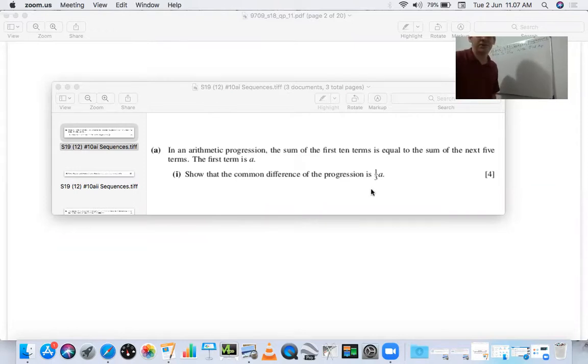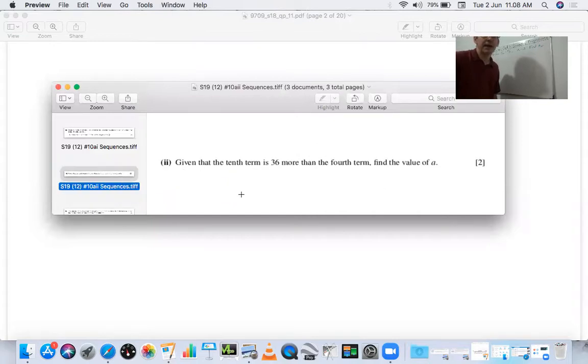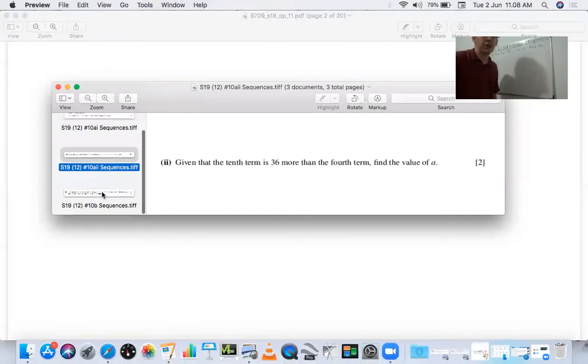We showed that the common difference was 1/3 A. Maybe you remember that problem. And then we did the part II, given that the 10th term is 36 more than the 4th, find the value of A. So that was all about arithmetic.